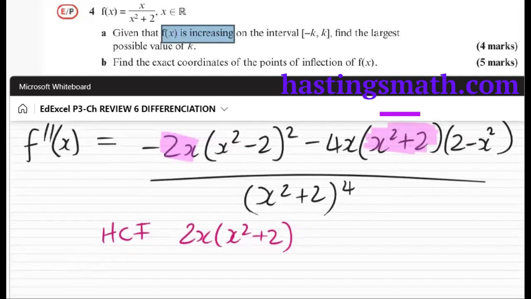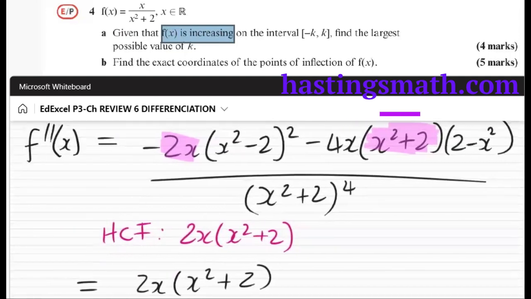So our f dash dash of x equals 2x, x squared plus 2. I was going to change some stuff, but I think I'm just going to follow this. So you open up your brackets. You want to ask yourself what's left over. Well, if we divide this by 2x, x squared plus 2, what would be left over?